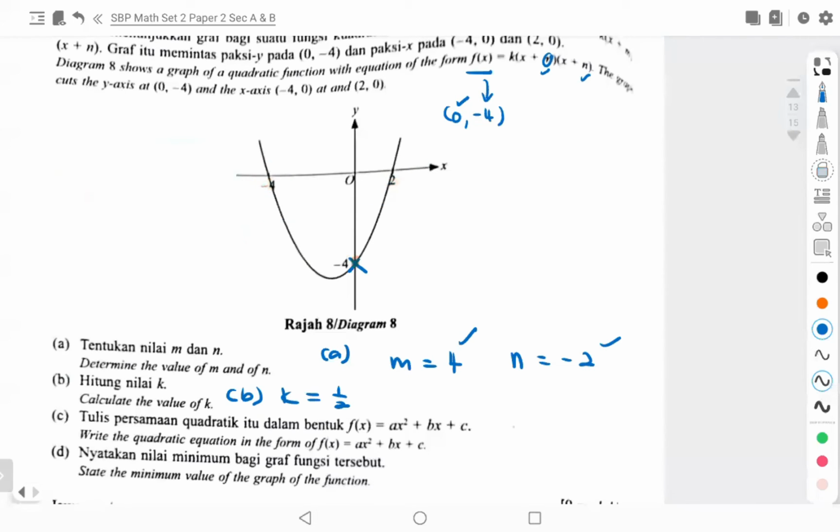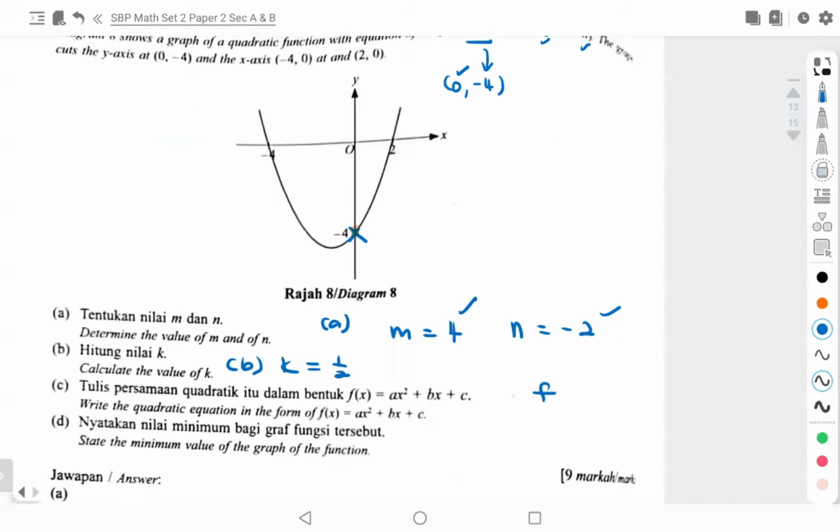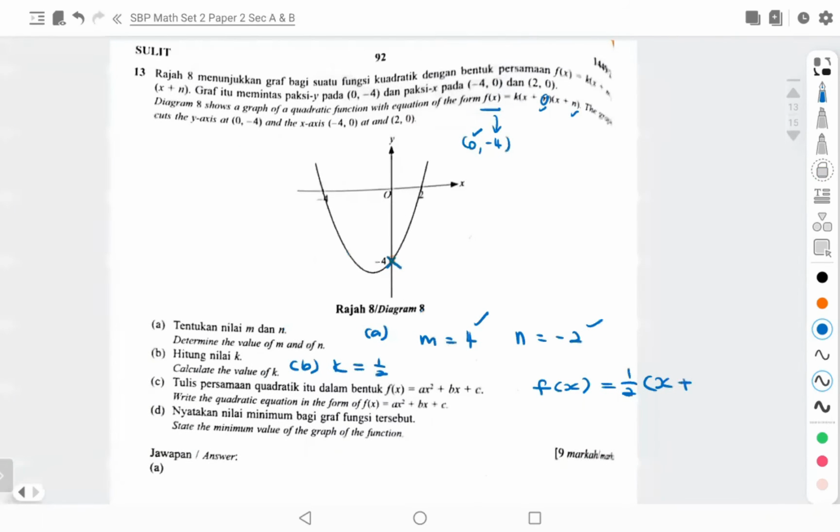Now we just need to do the expansion. f(x) = k(x + m)(x - 2) with k = 1/2 and m = 4, so f(x) = 1/2(x + 4)(x - 2).